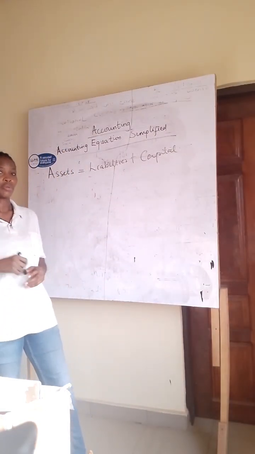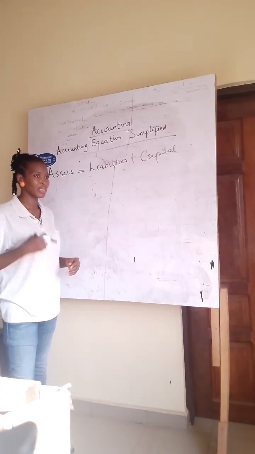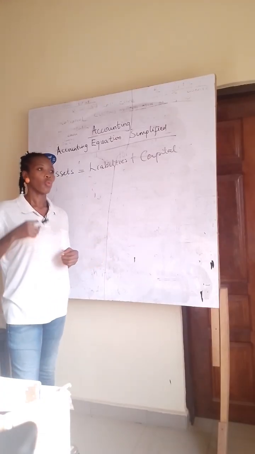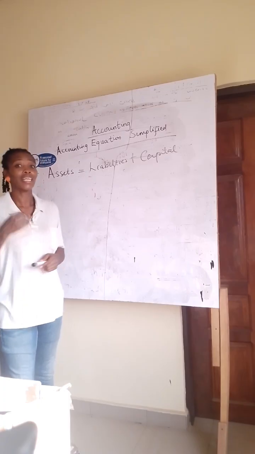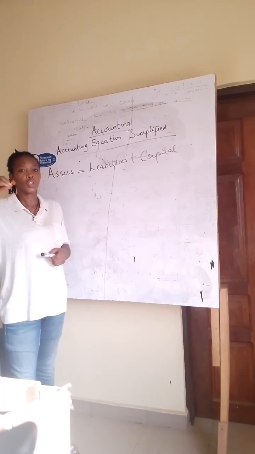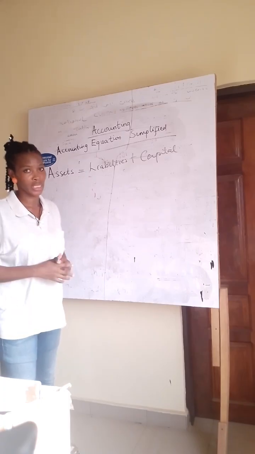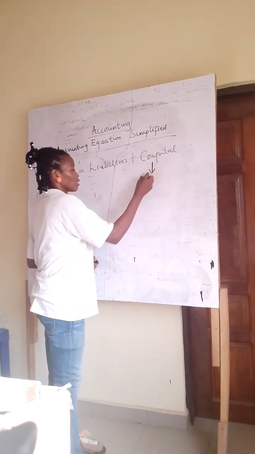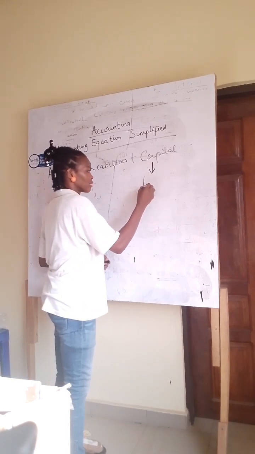Like I said earlier, for you to start a business, money must come from somewhere. When you're starting a business and you, the owner of the business, are the one providing the money for that business, that is known as what? Capital. So this is the investments.